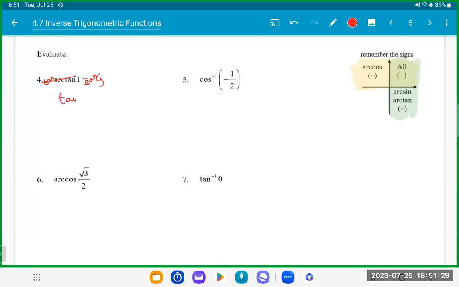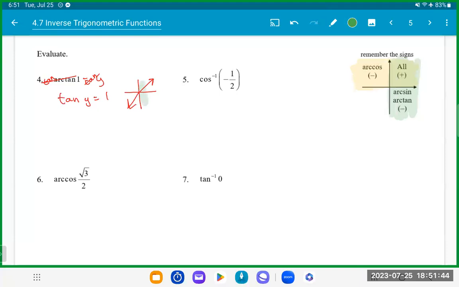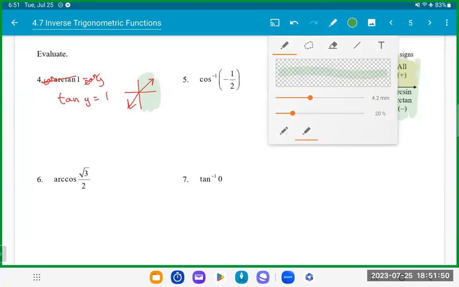And so I want to know, where does the tangent of y equal 1? Well, tangent of y is positive here and here. But we know that we must be in the first or fourth. So that tells us which one we're going to choose, the one that's in the first quadrant.